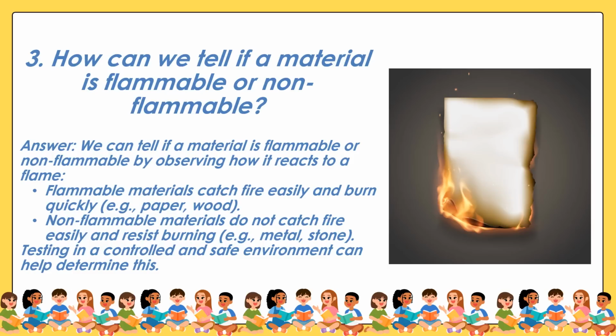Flammable materials catch fire easily and burn quickly. Example, paper and wood. While non-flammable materials do not catch fire easily and resist burning. Example, metal and stone. Testing in a controlled and safe environment can help determine this.